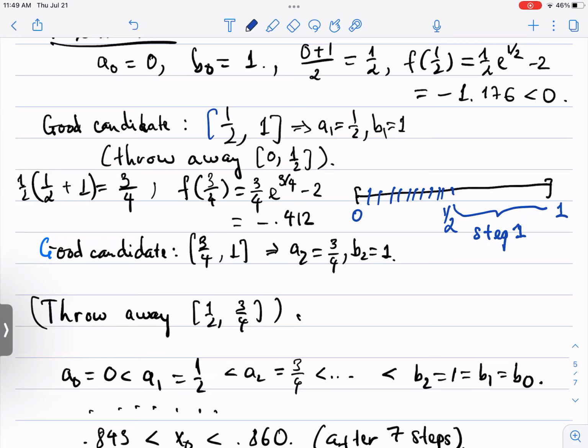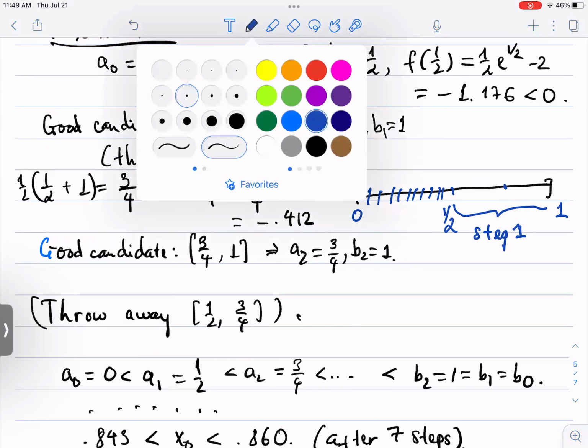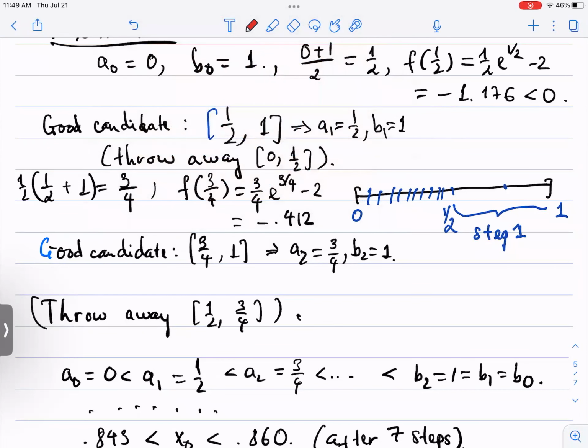Now for step 2, and let me use another color here, we again throw away the lower half and keep the upper one from 3/4 to 1. So this is step 2.